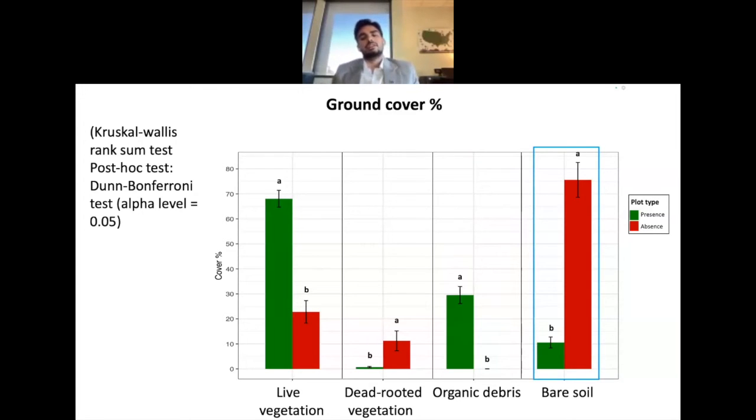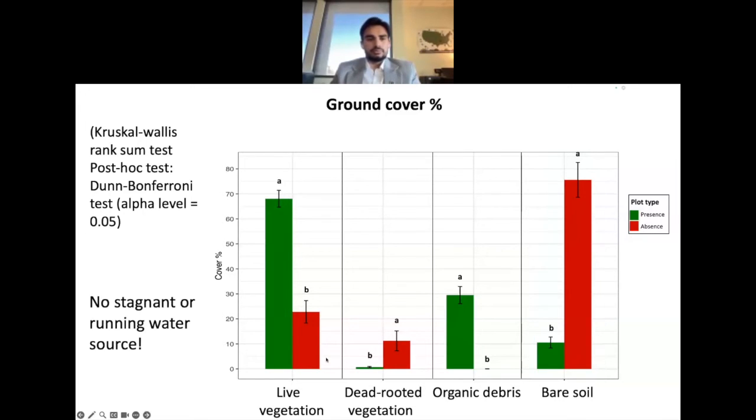And then we have very high bare soil at the places where our plant is absent. So we see no stagnant water or running water source during our study period.